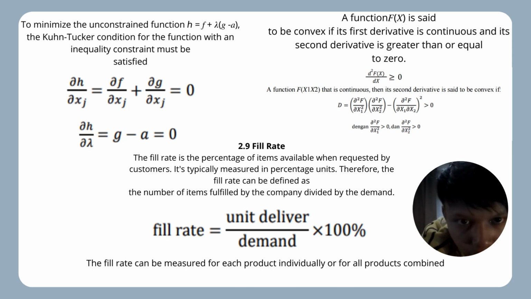A function f(x) is said to be convex if its first derivative is continuous and its second derivative is greater than or equal to 0. And that's the formula.